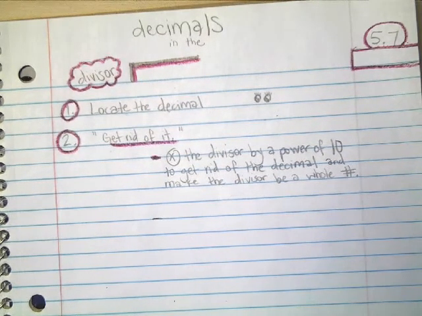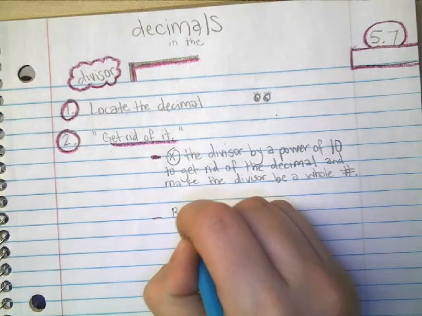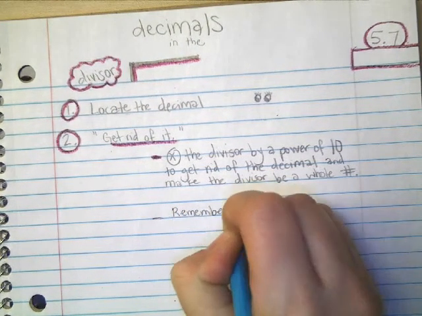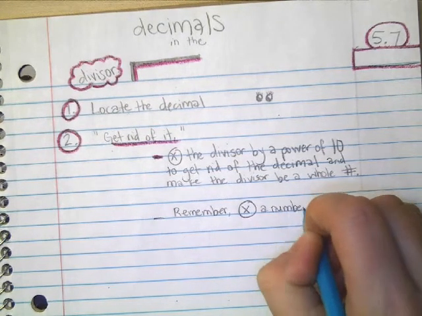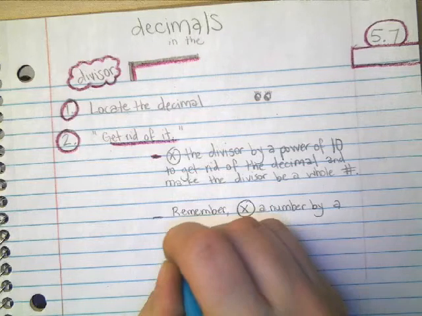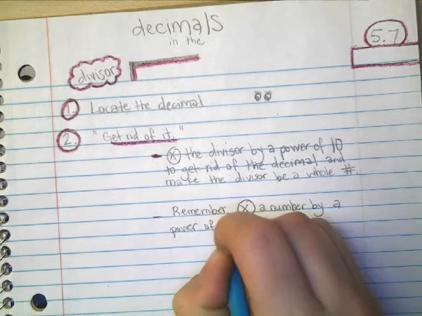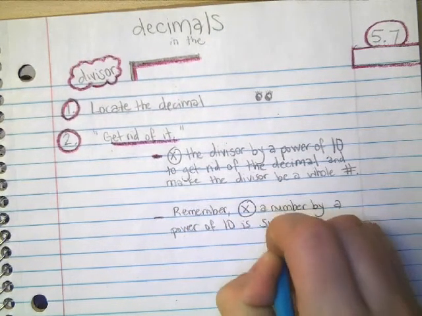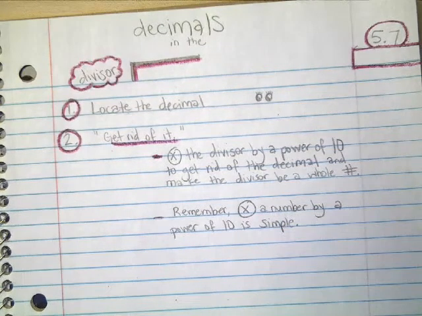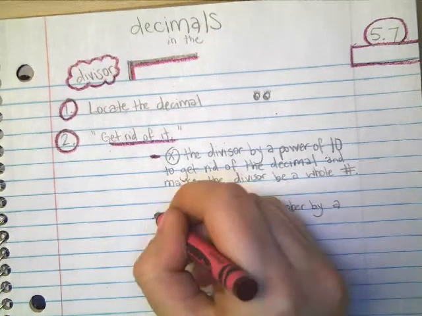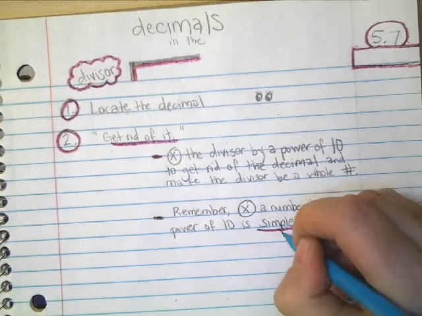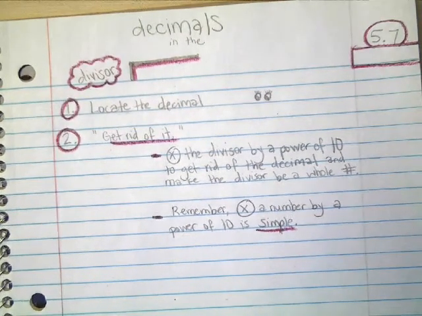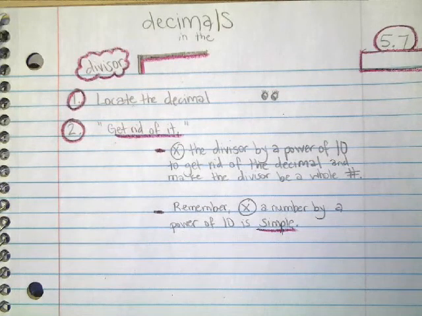The next bullet point under there is, remember, multiplying a number by a power of 10 is simple. Let's underline simple. Remember, multiplying a number by a power of 10 is simple, period.